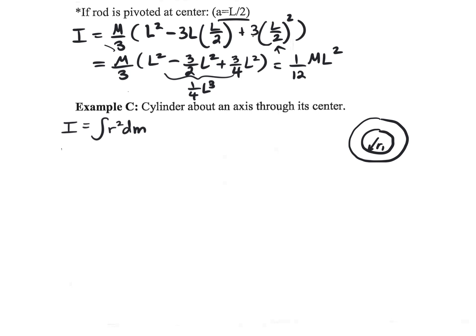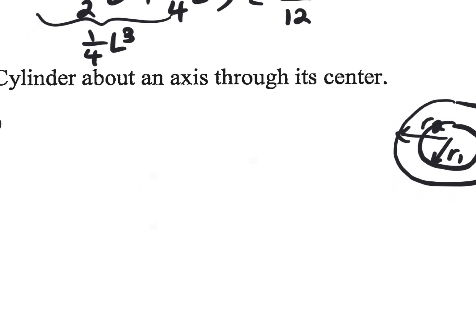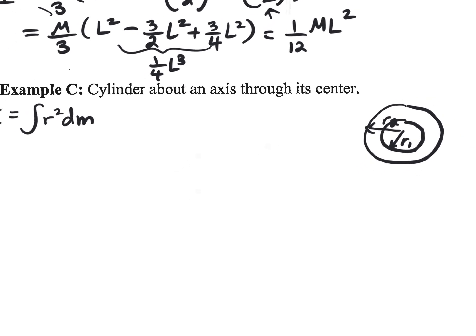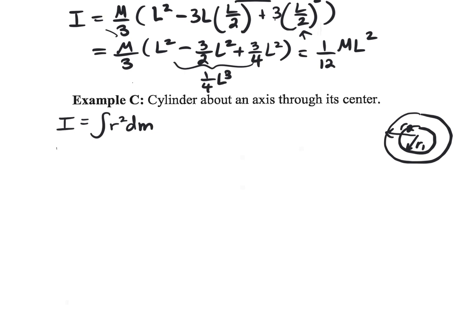This is radius 1, and then we have radius 2. Do you agree? It's like a cylinder's got a thick wall with an empty center. Okay, so this ought to have fairly high inertia compared to what we just looked at.